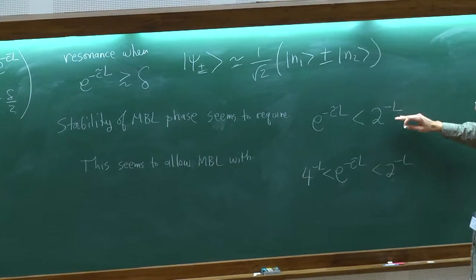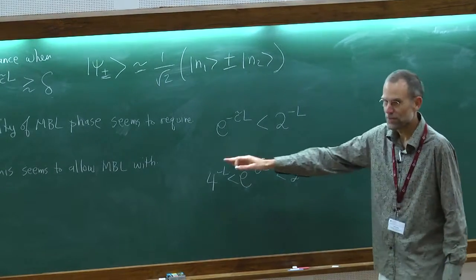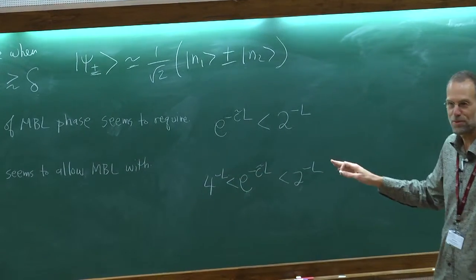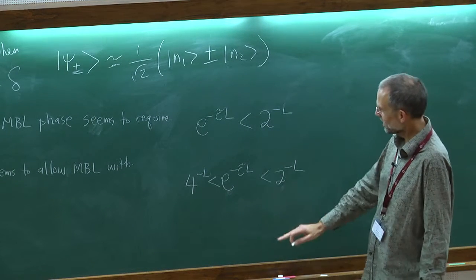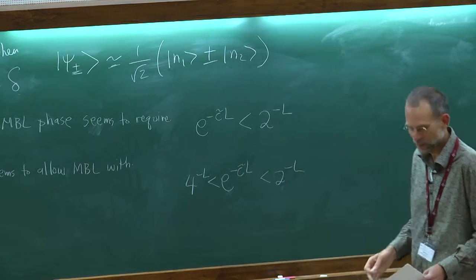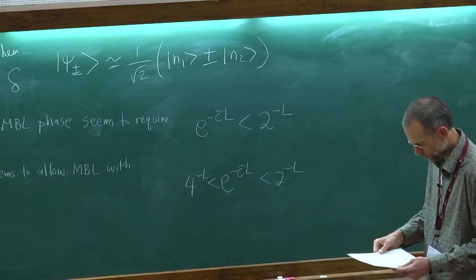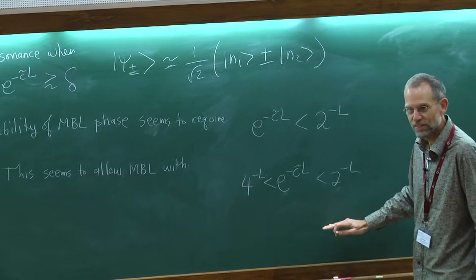So this is presumably no MBL. This is MBL, but maybe quite difficult to do the perturbation theory, actually carry it out and get the information. And then the last regime is the sort of deepest in the many-body localized phase, where it should be the easiest.